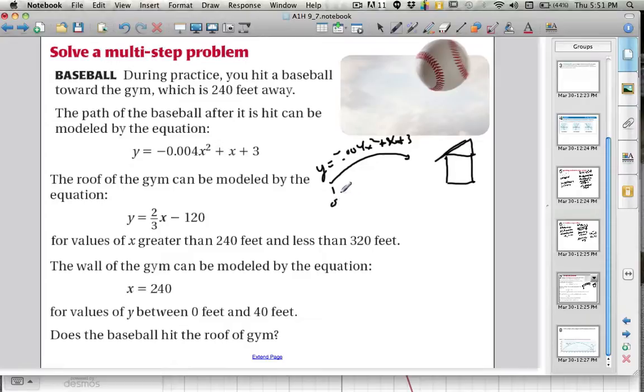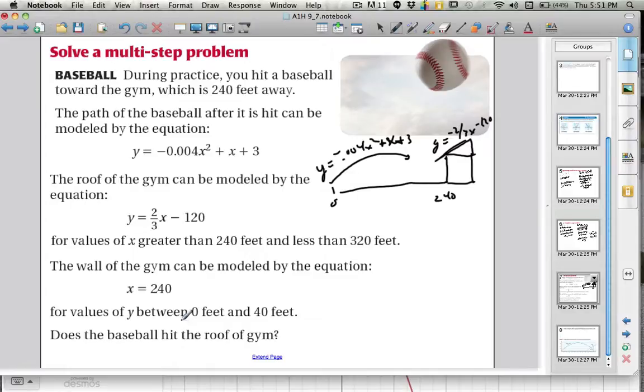And then there's a roof on this gym that travels this way. Right? The gym again is 240 feet away. And then the roof comes in here. And its equation is y is equal to negative 2/3 x minus 120. Okay, so the wall of the gym is here.